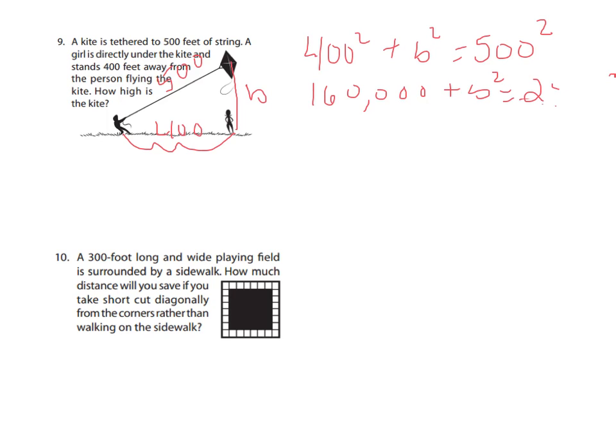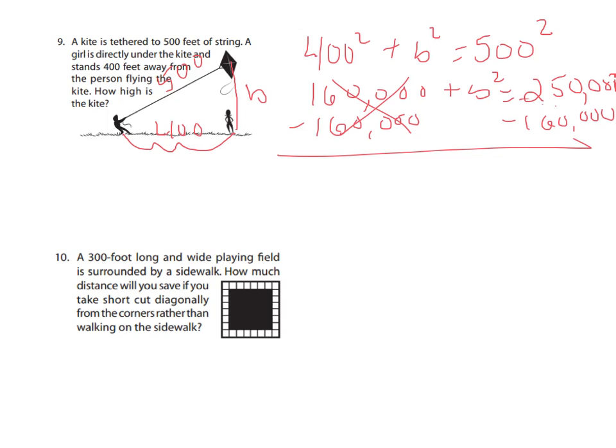Equals 250,000. So now I'm going to subtract 160,000 from both sides. So that becomes 0. So now it's with b squared equals 90,000. So to solve for b, I'm going to take the square root. And b is going to equal 300.